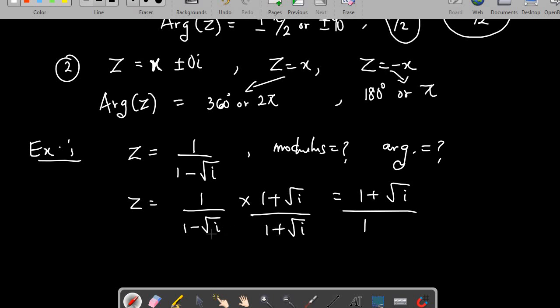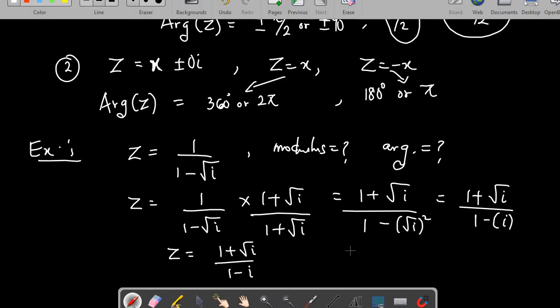Don't forget what I said: when you expand this, it will be this squared minus root i all squared. Okay, this will be 1 plus root i over 1 minus i. And your z will now be equal to 1 plus root i over 1 minus i.